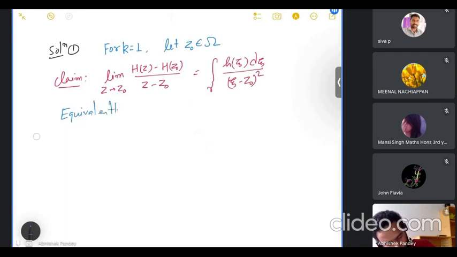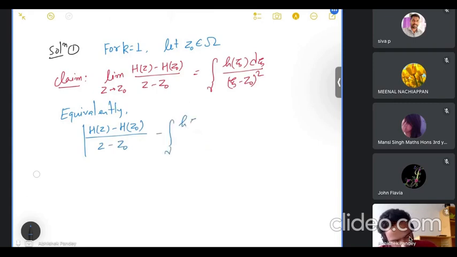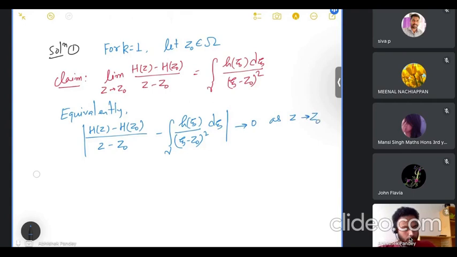Equivalently, what we need to prove is that the modulus of [H of z minus H of z naught upon z minus z naught minus the integral over gamma of h of xi upon (xi minus z naught) squared d xi] tends to 0 as z tends to z naught. I hope it is clear.